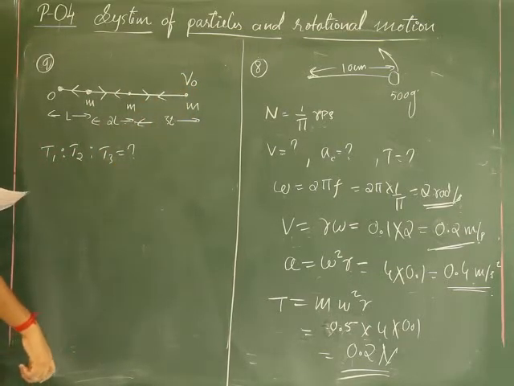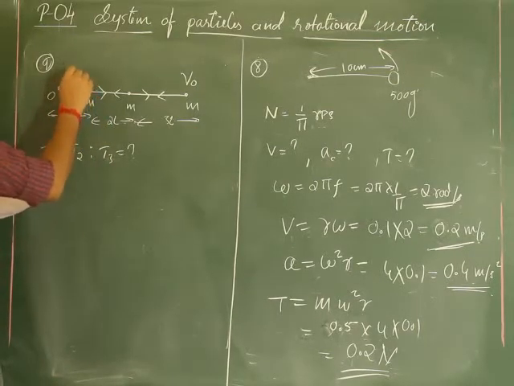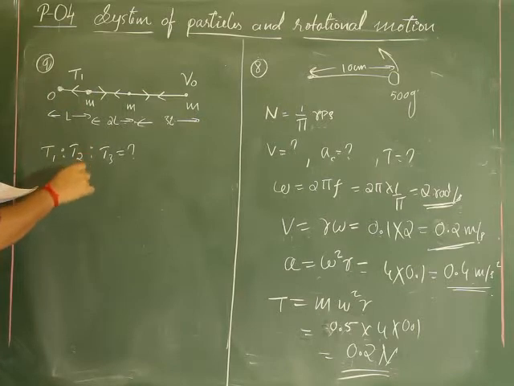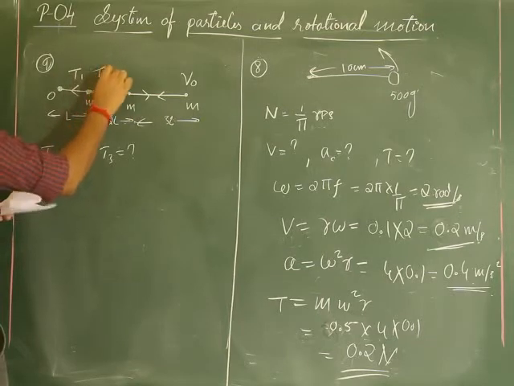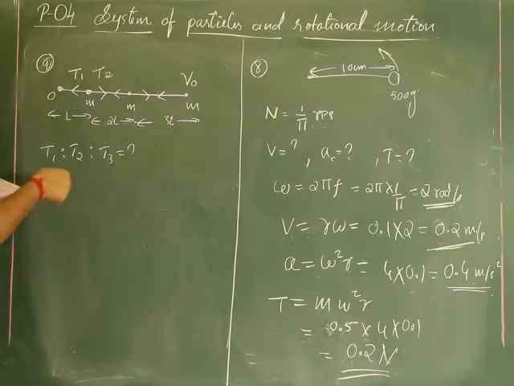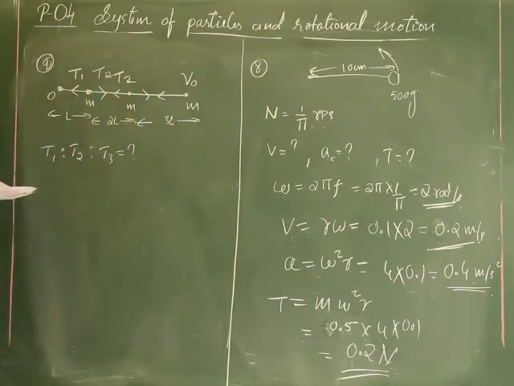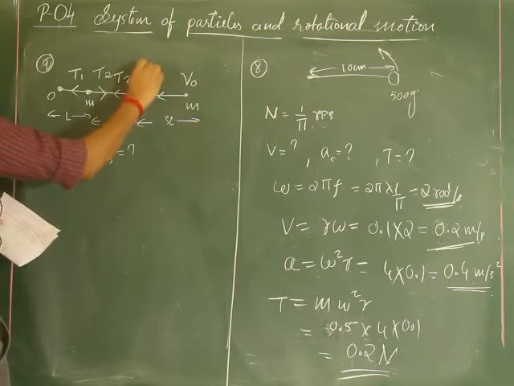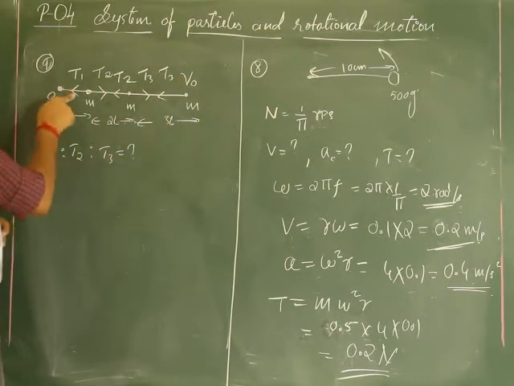This tension I will take as T1, then here the tension which exists is T2. So this will be T2, this will be T3, this will be T3. Single string, individual string.